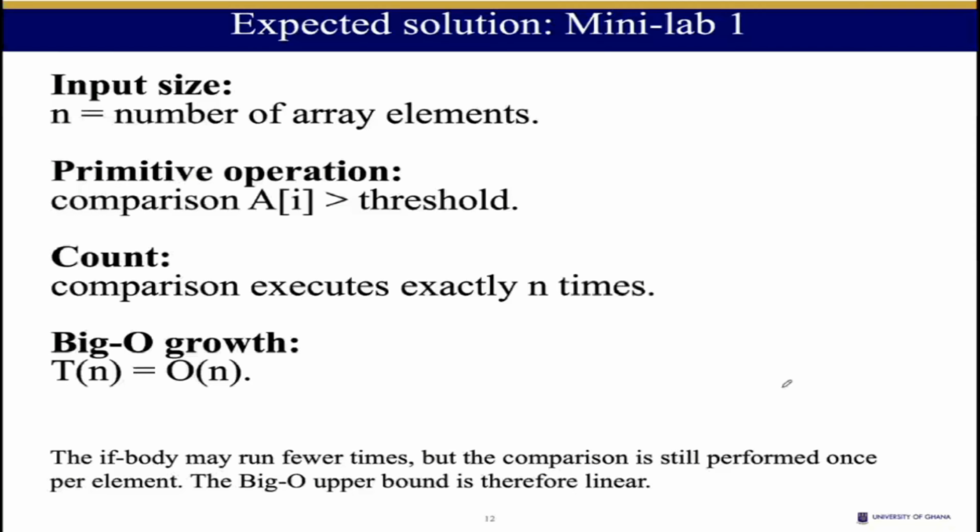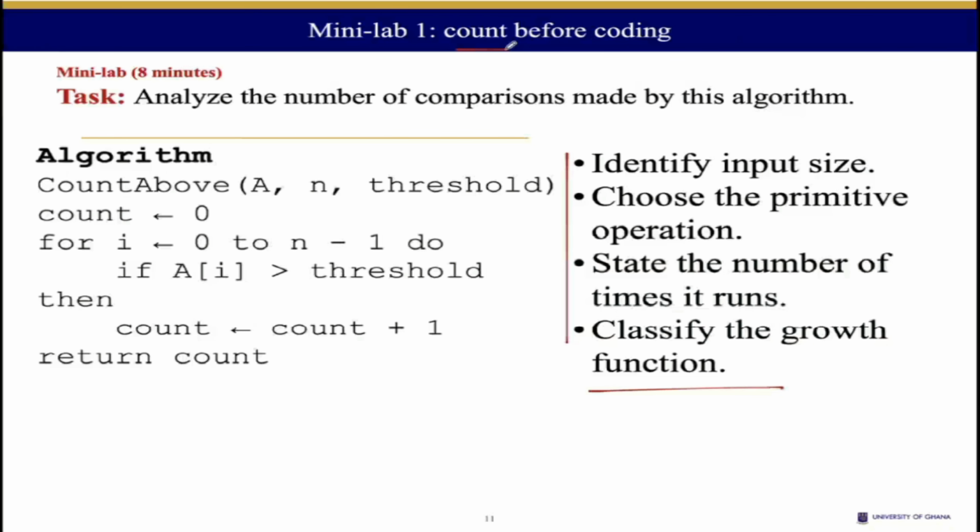Every time you begin working, you need to always analyze your algorithm before you code. Before you do any coding, you have to know what is happening and how your algorithm is going to behave. This kind of analysis we call theoretical.